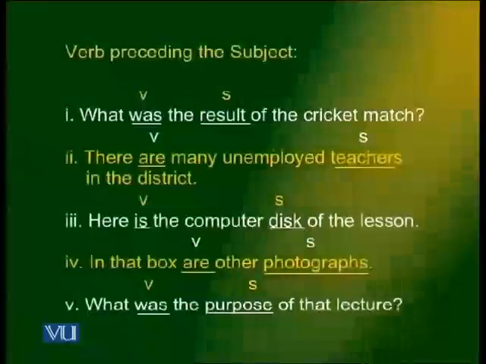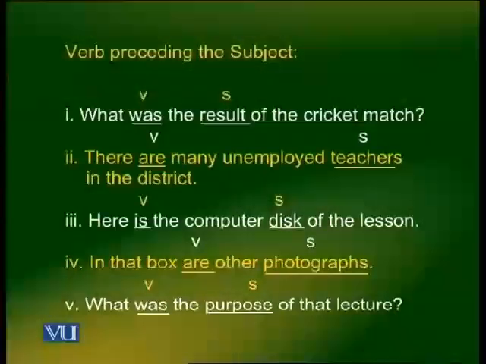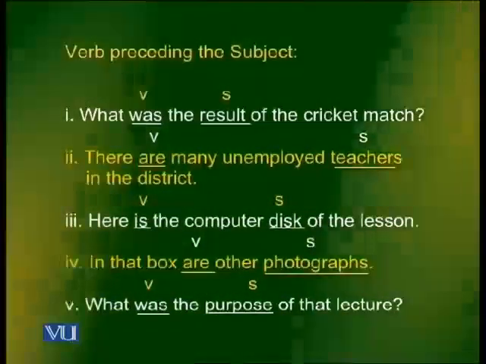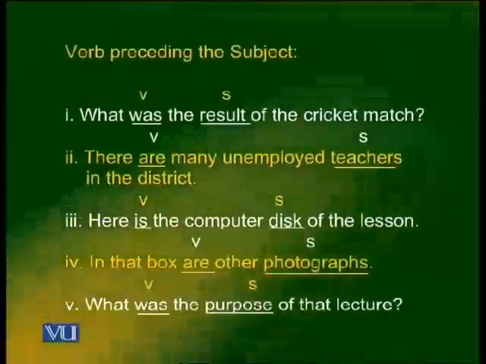Now, even in such cases where the verb comes before the subject, the verb must agree with the subject. Whether the verb comes before or after, you must remember one thing, that the verb must agree with the subject in number. Example, what was the result of the cricket match? Now you notice, in this sentence, the verb is was, and was comes before the subject result.